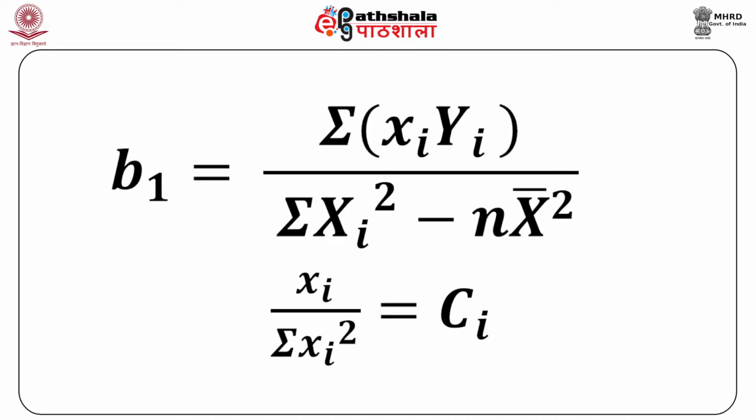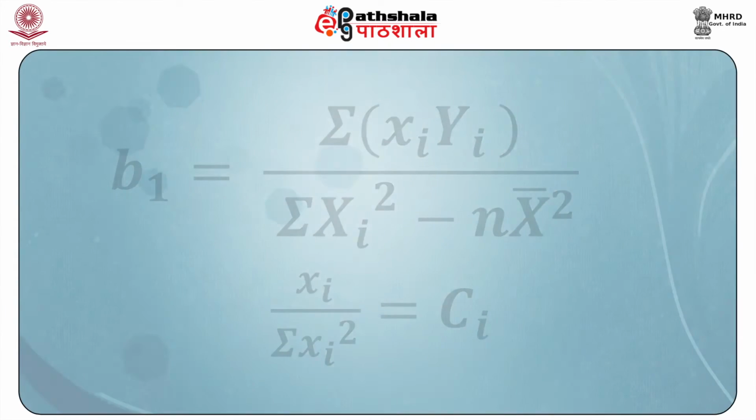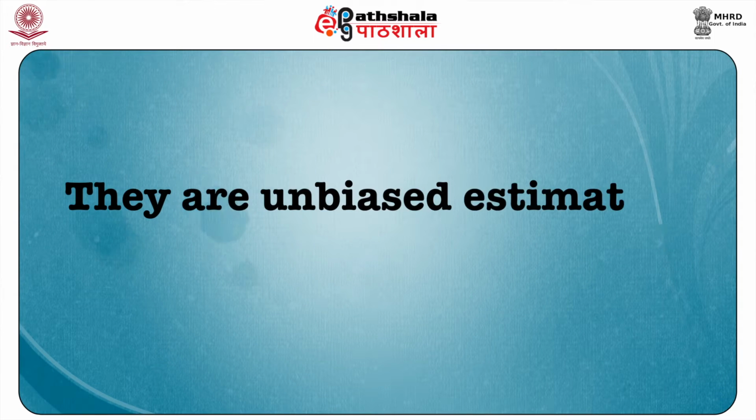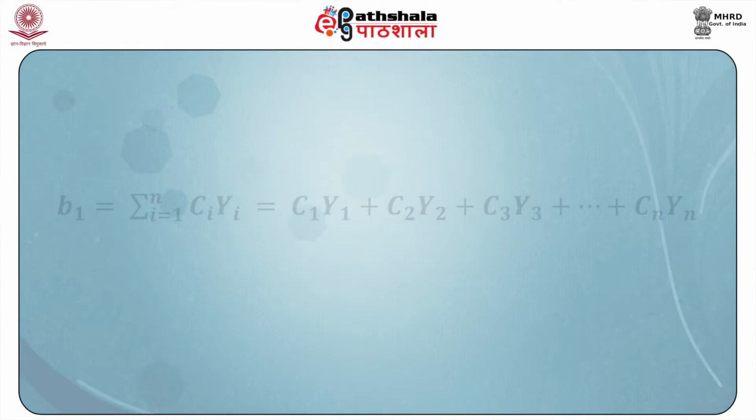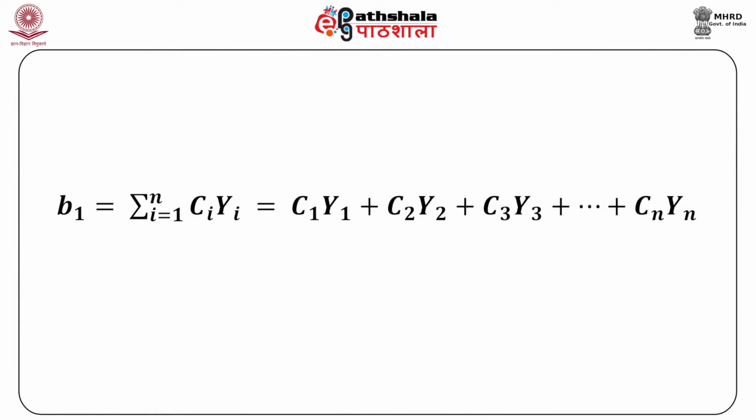Therefore, B1 is a linear function in Yi. Property number 2. They are unbiased estimators. An estimator is said to be unbiased if its mean or expected value is equal to its true value. Expectation of B0 is equal to beta naught and expectation of B1 is equal to beta 1.